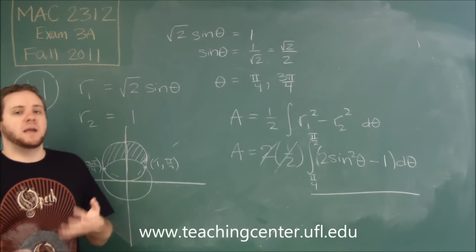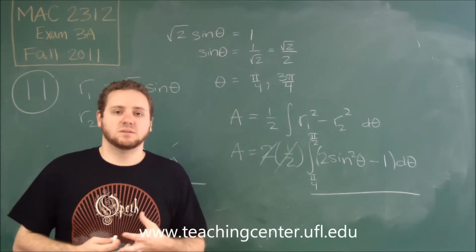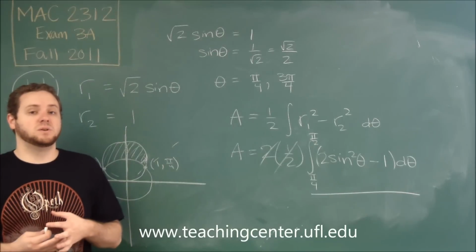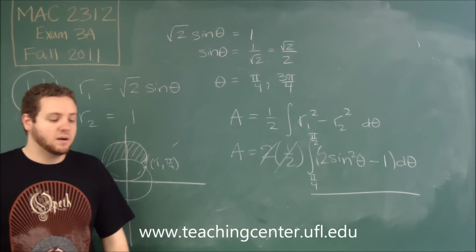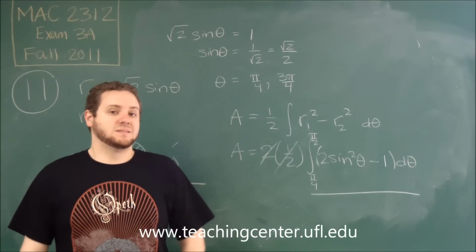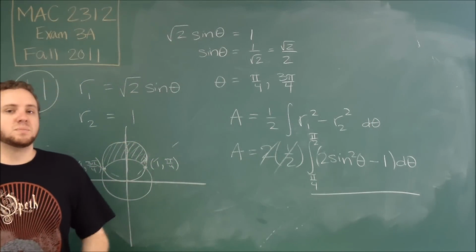So you need to be okay with using symmetry, just because you can get multiple correct answers on these types of problems depending on which way you did it, and the way that you did it might not necessarily be the multiple choice answer that's there. So being able to do this symmetry strategy is pretty important.